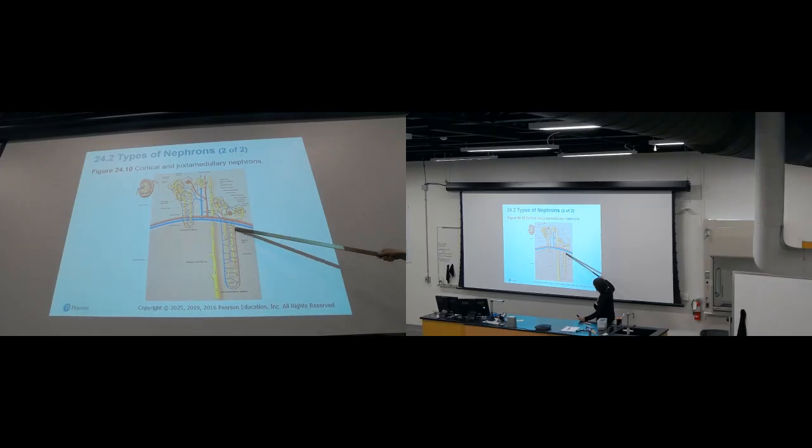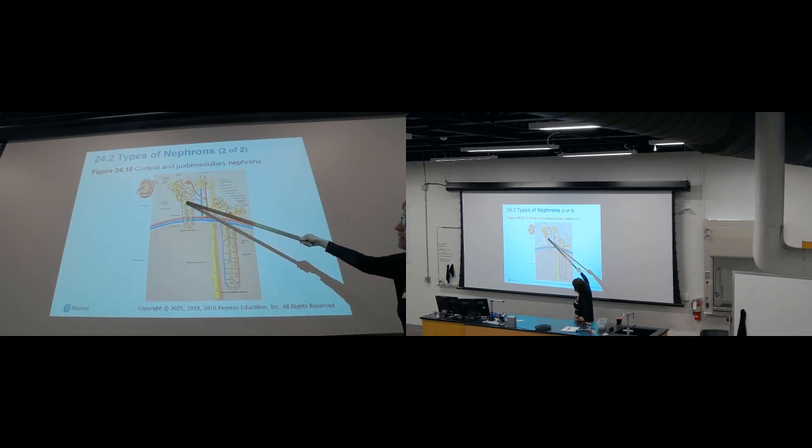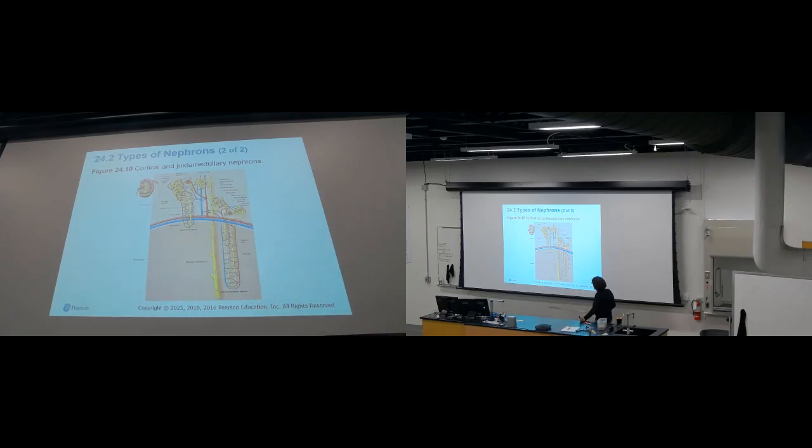And this loop of Henle in these juxtamedullary nephrons is surrounded by these blood vessels that are called the vasa recta, or straight blood vessels, while these ones are surrounded by branches of the peritubular capillaries, which are less straight than this. That's why this is called vasa recta, and this one's not.